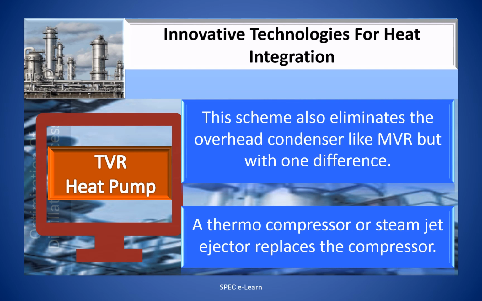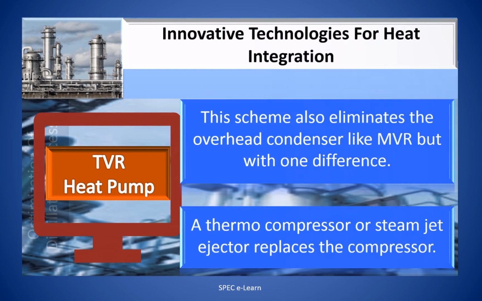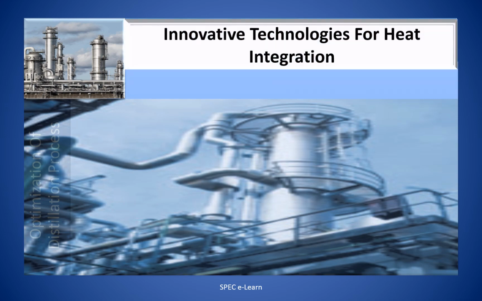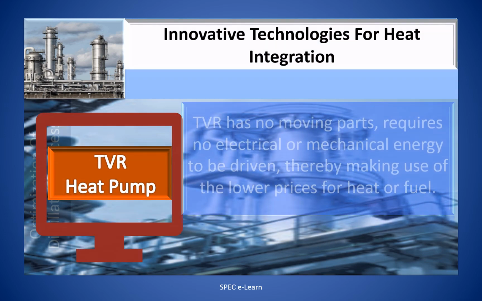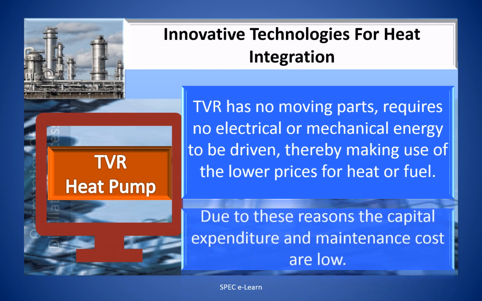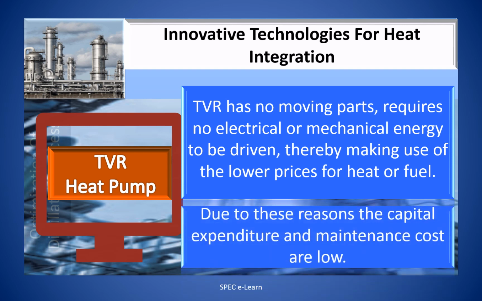A thermal compressor or a steam jet ejector replaces the compressor. TVR has no moving parts, requires no electrical or mechanical energy to be driven, thereby making use of the lower prices for heat or fuel. Due to these reasons, the capital expenditure and maintenance cost are low.